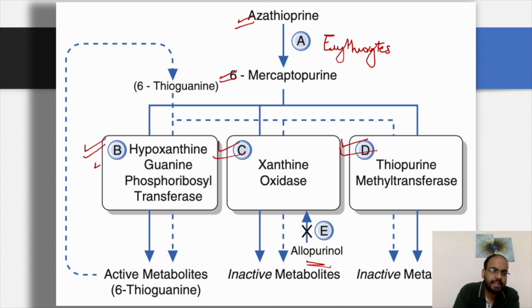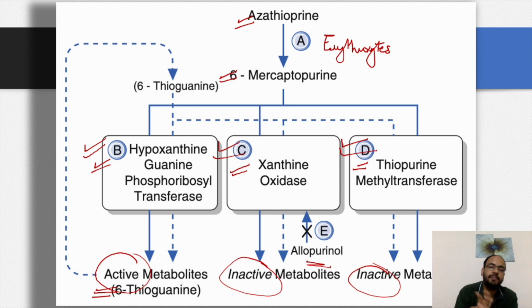Either it goes to the HGPRT pathway, or it goes towards xanthine oxidase, or it goes towards the TPMT pathway. Xanthine oxidase and TPMT will lead to inactive metabolites not responsible for function. These are going to get excreted. The HGPRT pathway will lead to formation of 6-thioguanine, and that is the active metabolite.